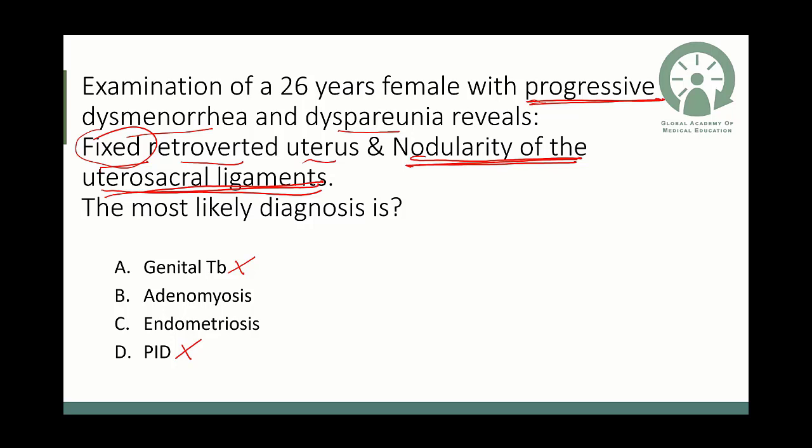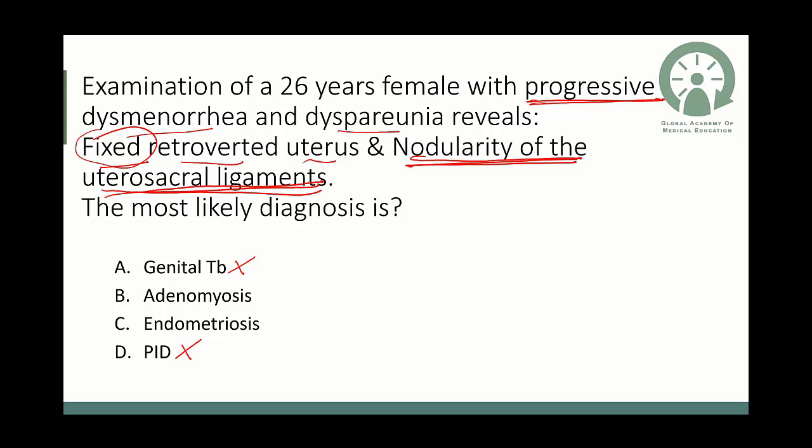The weight loss, the cachexia, the evening rise of temperature, lost appetite, infertility, all these options will come into it. And tuberculosis is not known to cause dysmenorrhea. Tuberculosis, because it erodes the endometrium from its basal layer, basically causes endometrial ablation and it causes amenorrhea.